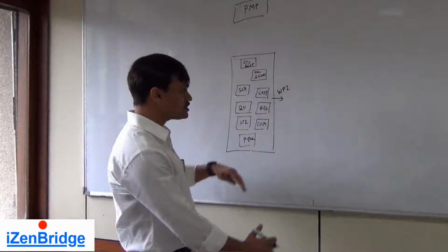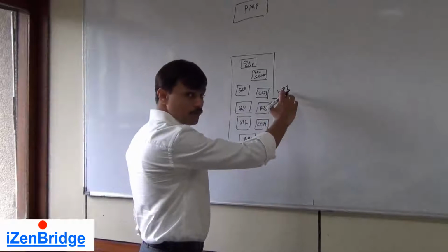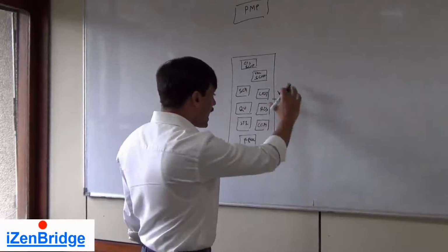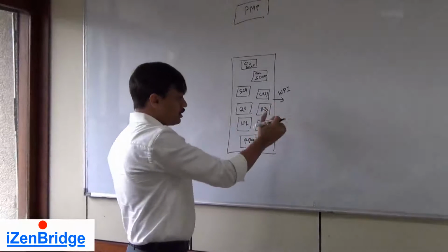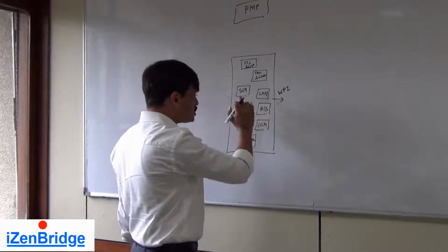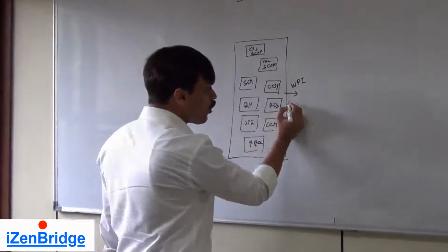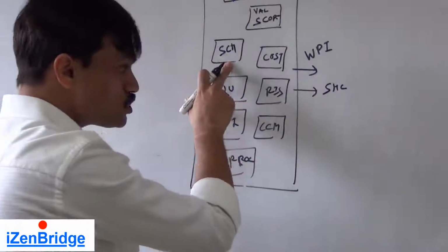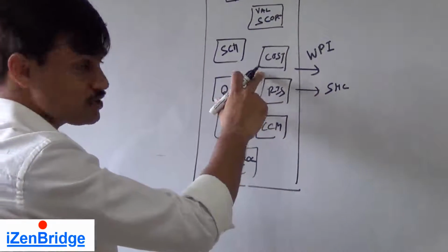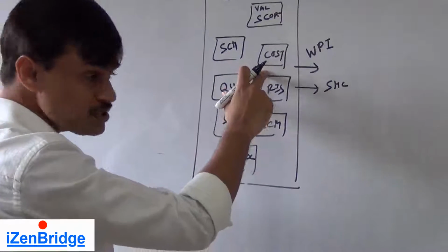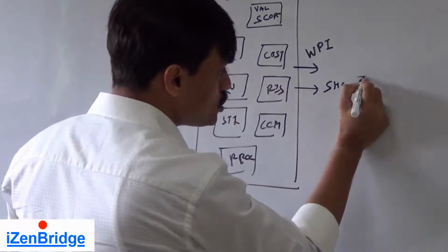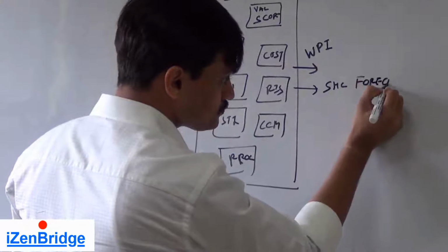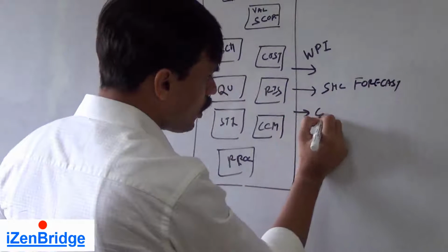So all this information comes in the form of work performance information. And this information, in some cases, especially in schedule and cost, also comes with a forecast. So the control schedule and control cost processes also give us a schedule forecast and cost forecast.